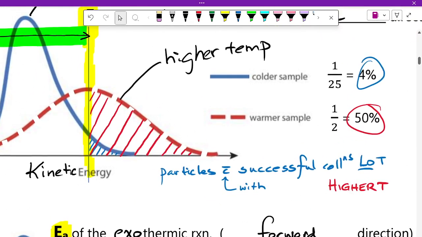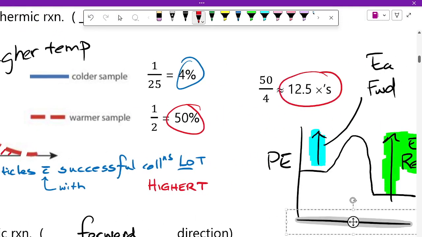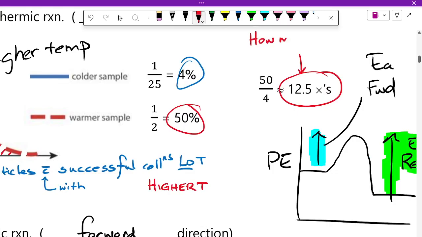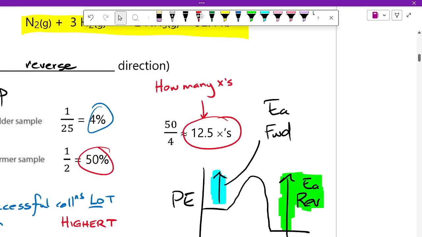So if we say, how many times more effective collisions do we get? 50 divided by 4 is 12.5 times. That's how many times more effective collisions at the higher temperature.